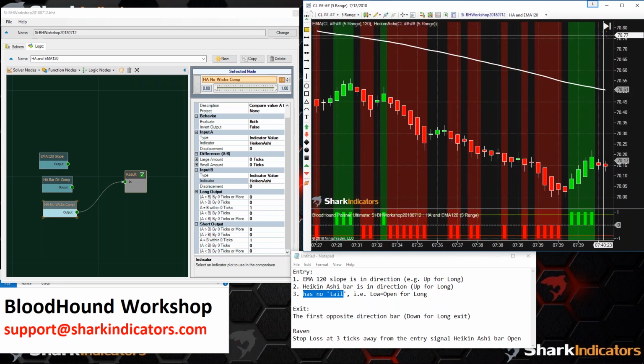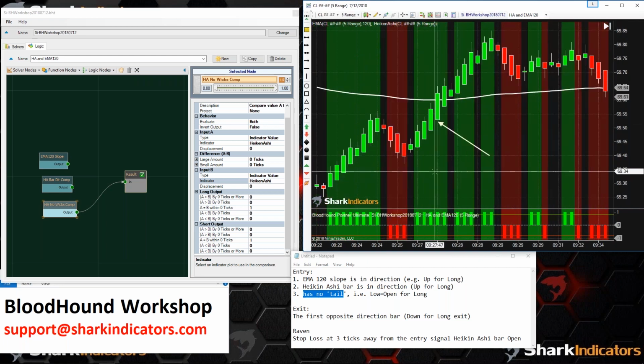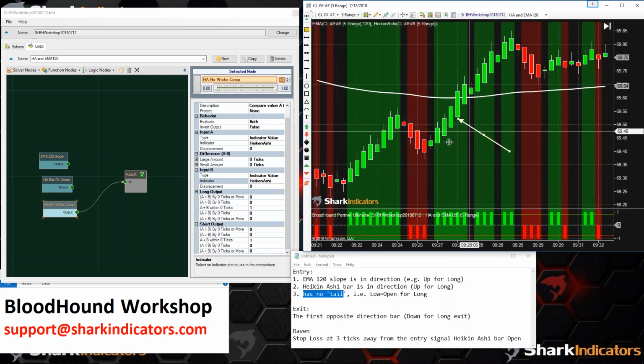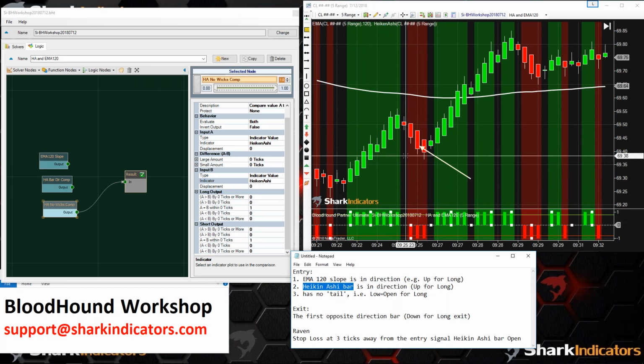Yeah, I'm not finding one. Okay, the point I was going to make is that if we did have a down bar, but BloodHound gave us a long output, that would be okay. That would not matter in this case, because the Heiken Ashi bar direction would cancel that out, right?